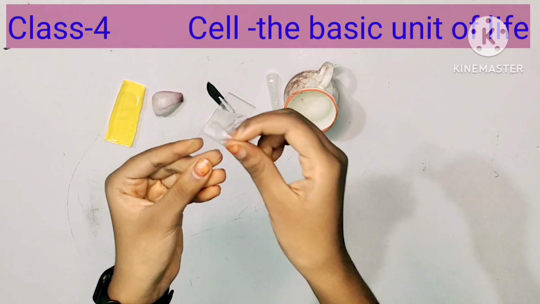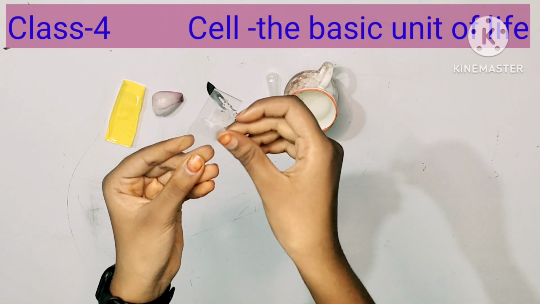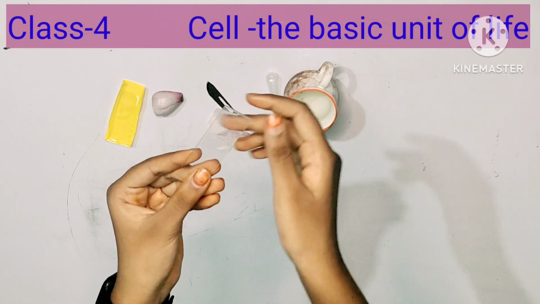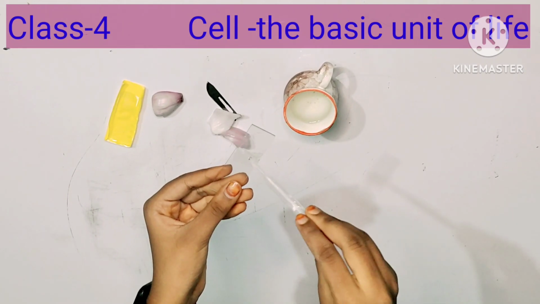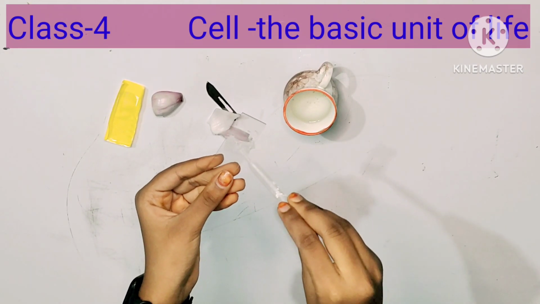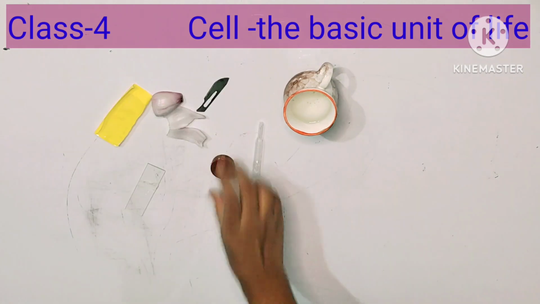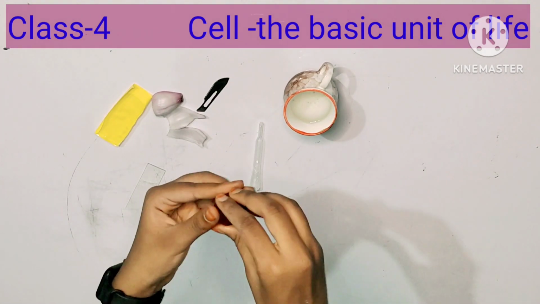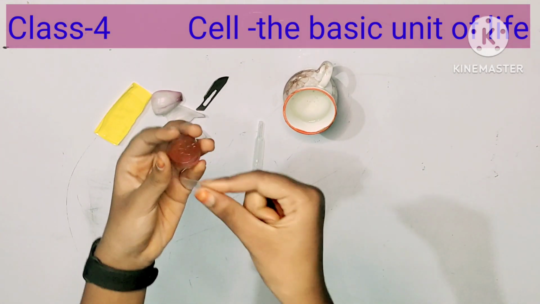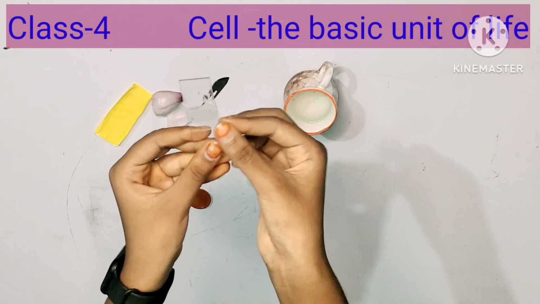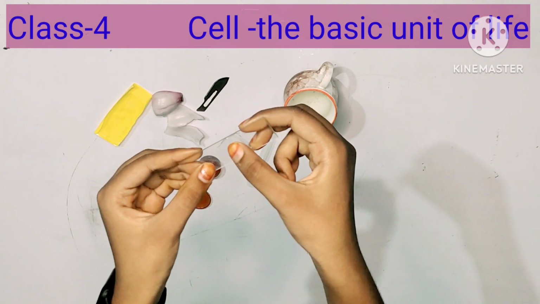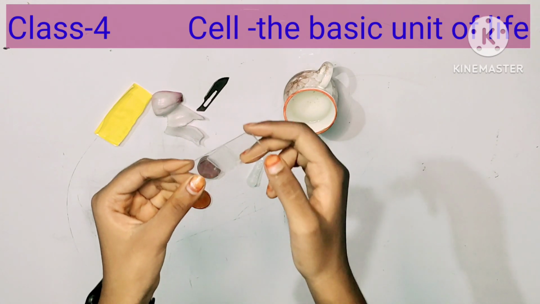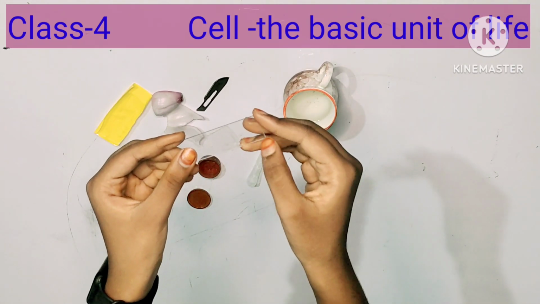Take a slide and put it on it. Add a drop of water. Here is the cover slip. Place this cover slip on the slide. Press gently. Observe this under the microscope.